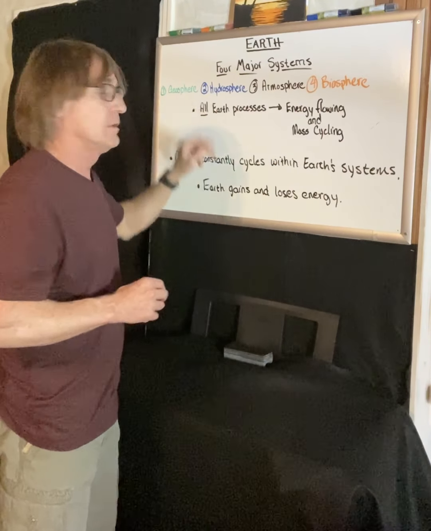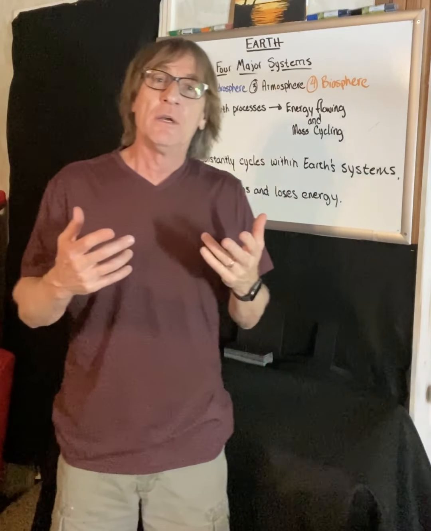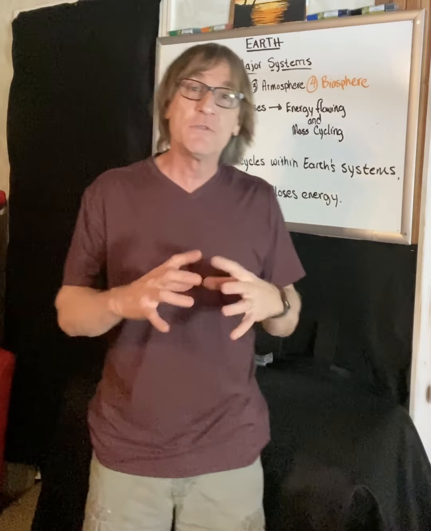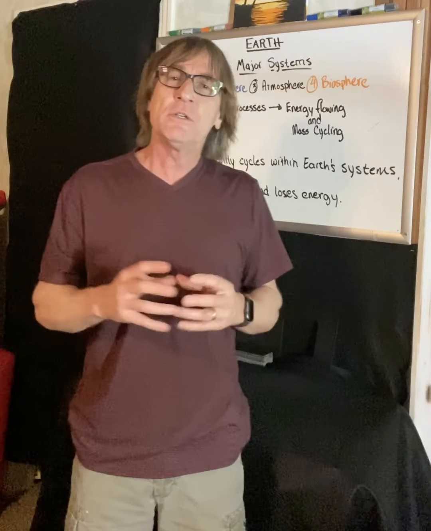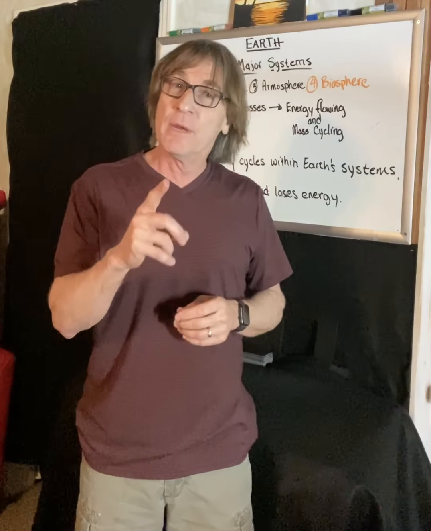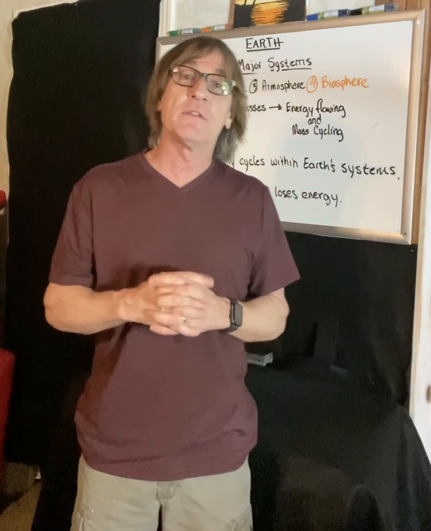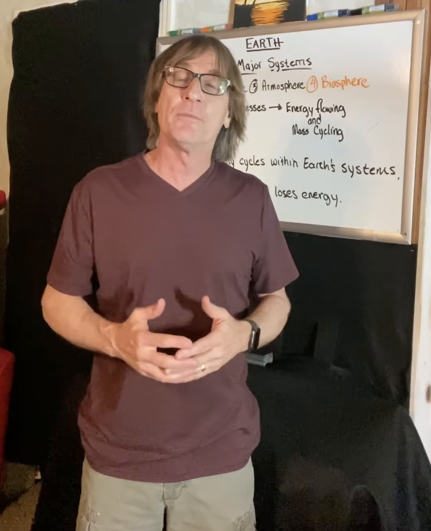Let's start with the Geosphere. Now, geo means Earth, okay? So it's the sphere of Earth. The Geosphere, though, is made up of the physical things that make Earth what it is. First of all, there's the metallic core. The core of the Earth is by and large made up of metals. And so scientists say that it is made up of a metallic core.